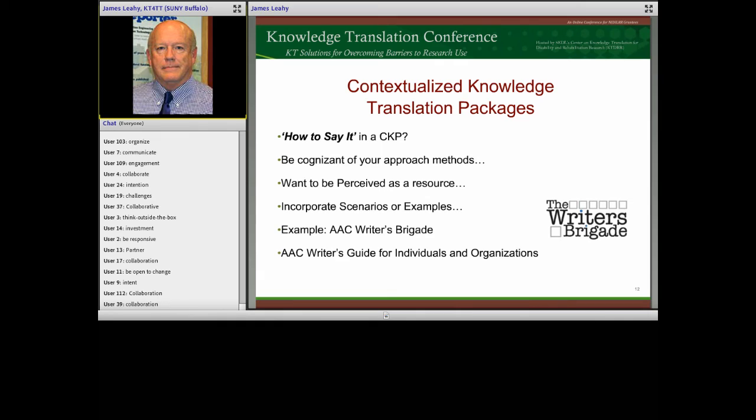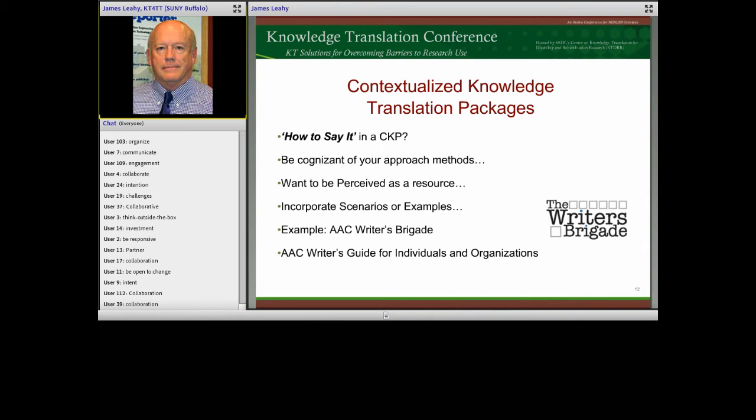As an aside, organizations such as the recently completed AAC RERC actually formed a writers' brigade for the translation of their RERC's research findings. This RERC authored a 160-page manual entitled AAC RERC Writers' Brigade, Knowledge Translation Through a Writer's Workshop, a guide for individuals and organizations.